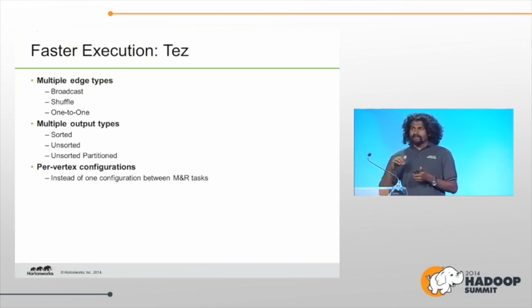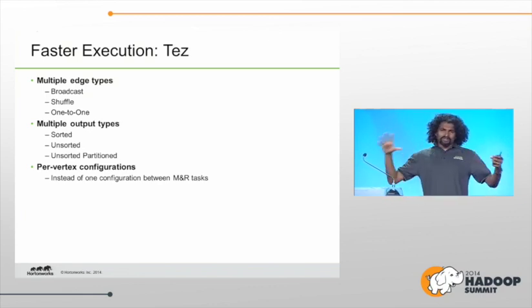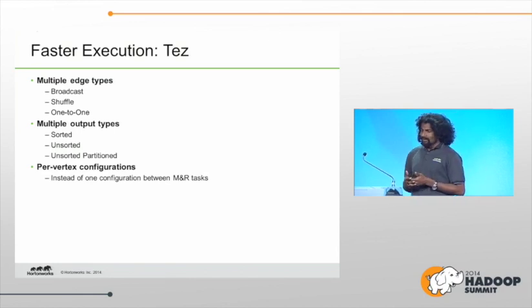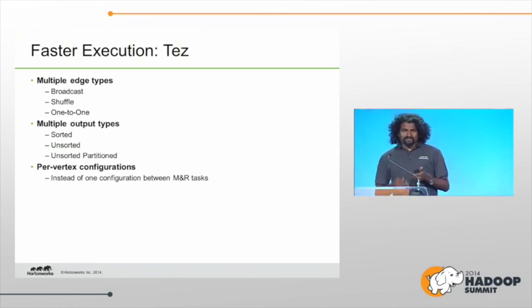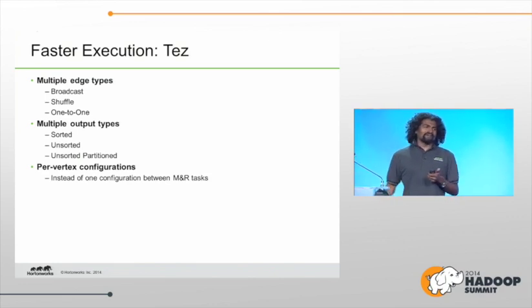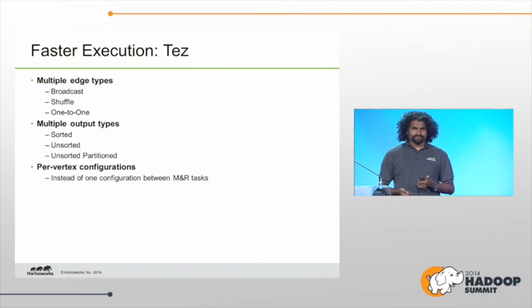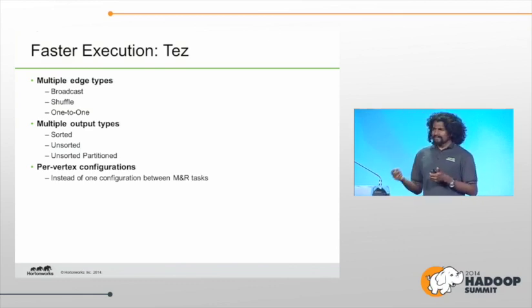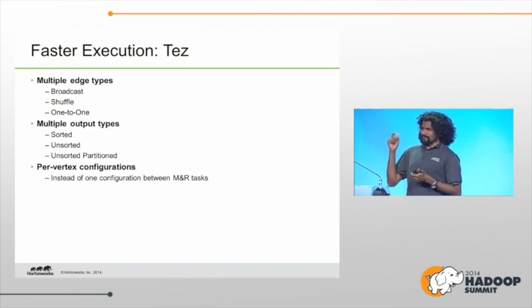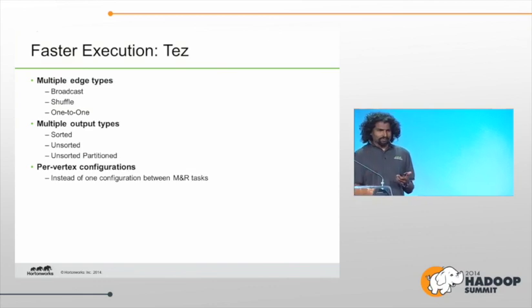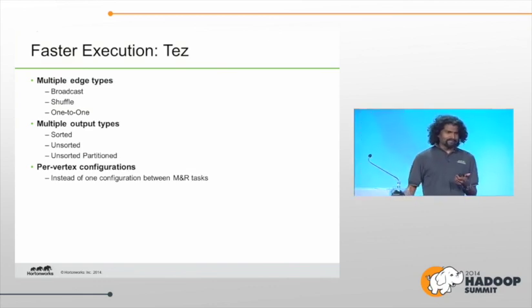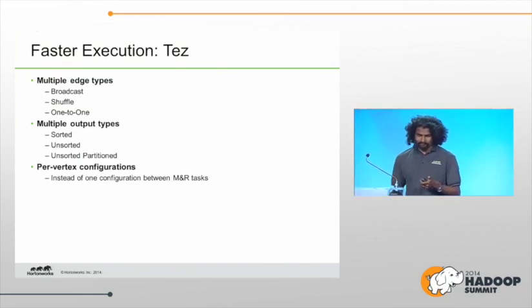Lastly, when you build such a large graph of vertices to run your queries with, it used to be that applying one configuration across an entire set of vertices was not very efficient. So the other thing that Tez brings to the table is to be able to say that for this vertex, these rules apply, and for the next vertex, those rules do not apply.